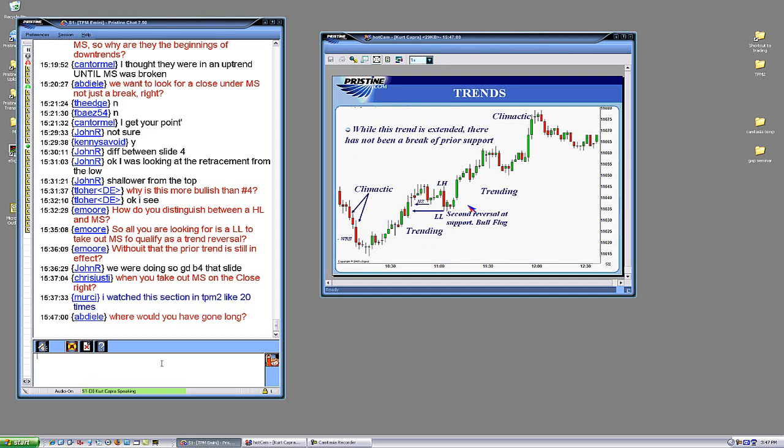That's what being objective is all about. I would have taken it over this bar here, this green bar. You get the pullback, some stabilization here, green bar closed up near its high, that's where I'd be looking to take it.